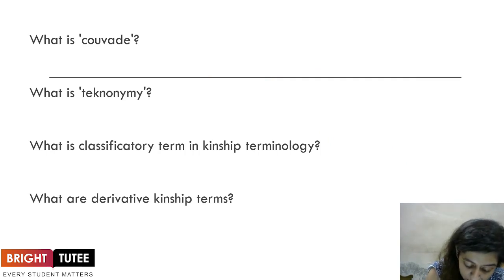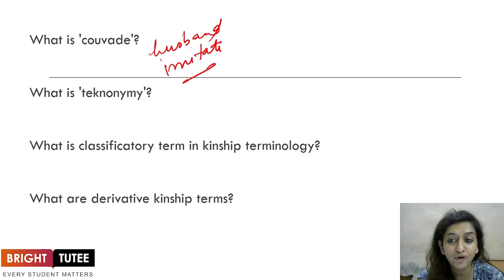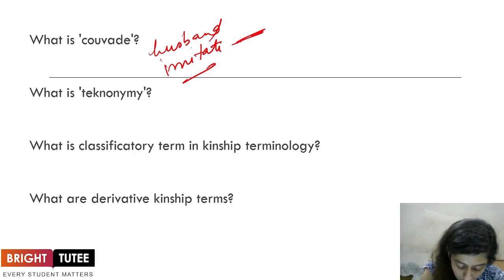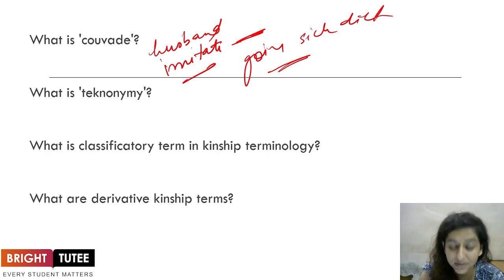It is a kinship behavior where the husband imitates the behavior of the wife during the time of her pregnancy. The whole concept of going on sick diets, following certain rituals and taboos, and refraining from active life comes under this.